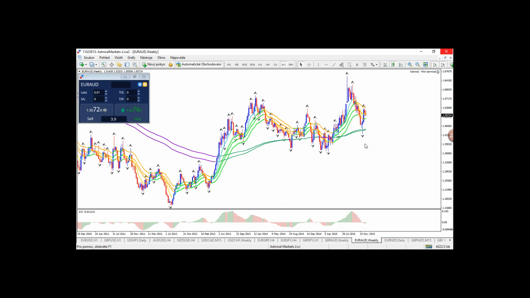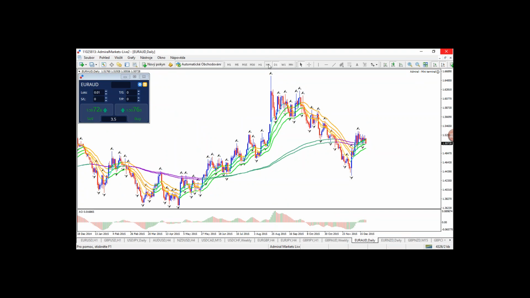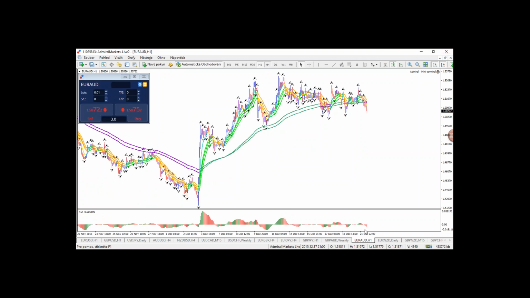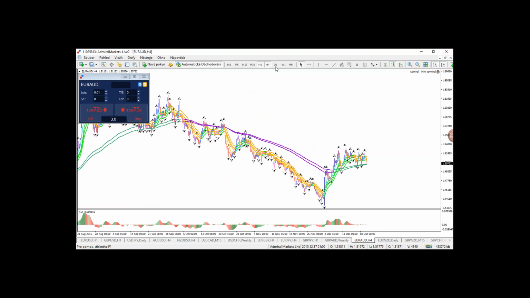Euro odd already reached the long-term moving average. But obviously price could break through that as well, and it could continue with this downtrend.